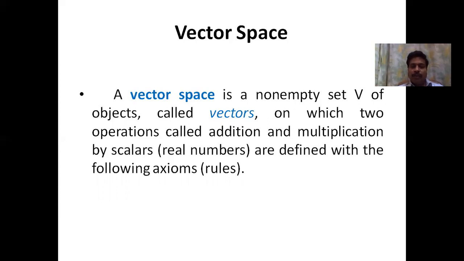Another term used in this one is axioms. Axiom is nothing but predefined rules for which no proof is required. So the vector space is a non-empty set with some rules. Rules on vector addition and scalar multiplication. Let us see what are the rules.